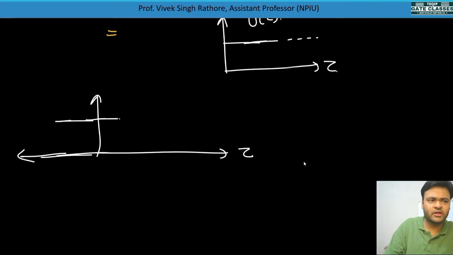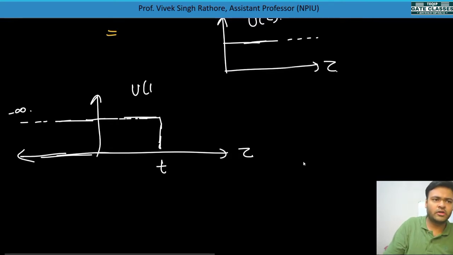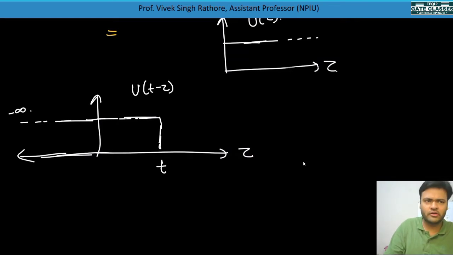Let's suppose you have been shifted till here, because t is this much value, and it is going on till minus infinity. This is your u(t minus tau). I have told you in the first module also how to plot u(tau) and u(t minus tau). First you change to minus tau and then you shift by the value of t.